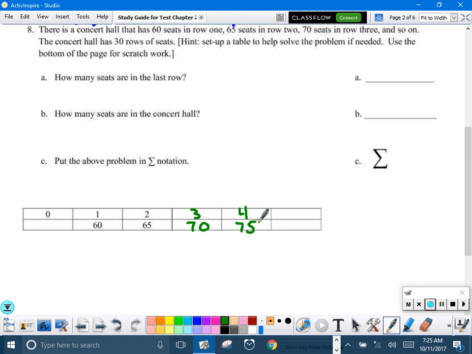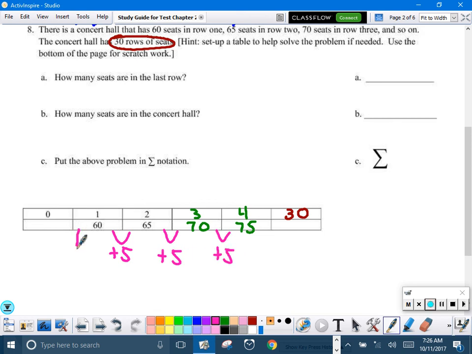Now in this last one, it says there are 30 rows of seats. So I'm going to put my 30 there, and I'm going to figure out how many seats are in that 30th row. In order to figure that out, I first need my explicit formula. I know this is going up 5.